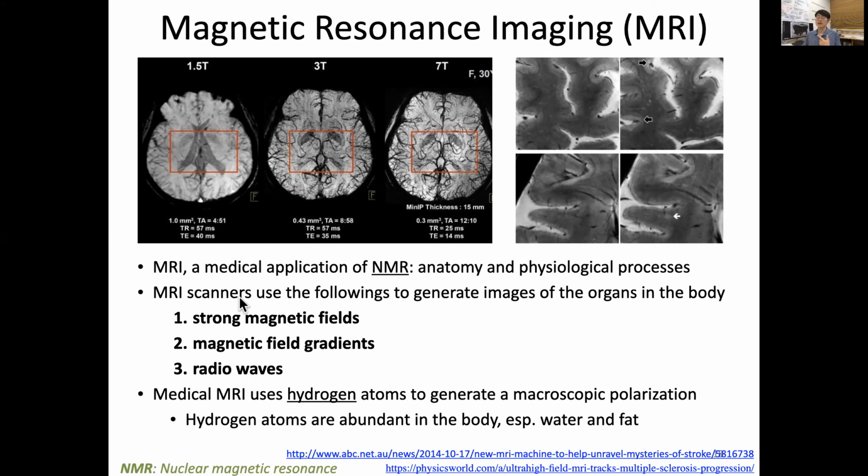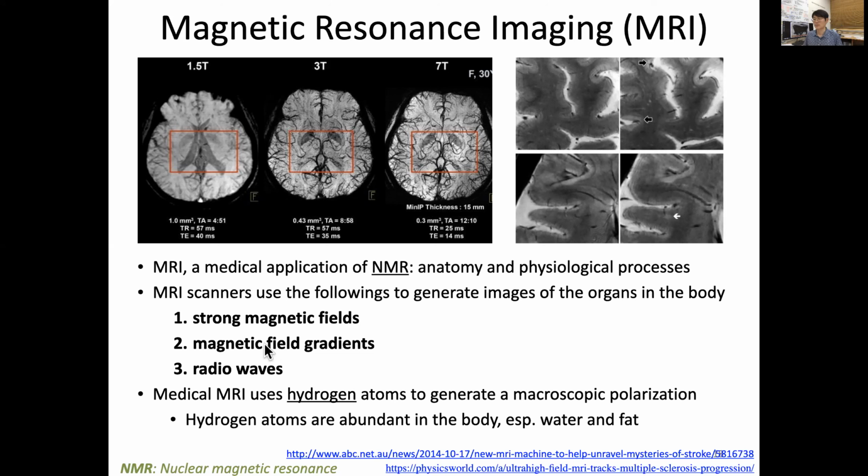So MRI scanners use the following three elements to generate images of the organs of the body. First, MRI requires a strong static magnetic field, which I put here as Tesla; the higher the Tesla, the higher the contrast.